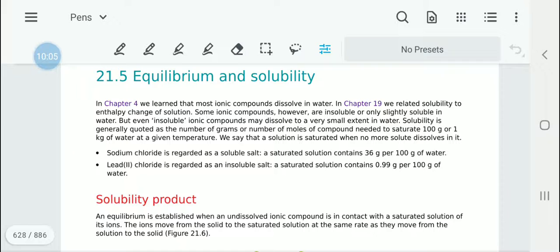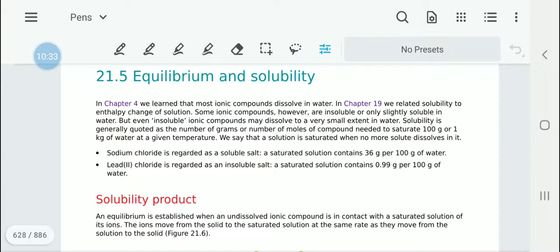Solubility is referred to as the number of grams or number of moles of a compound needed to saturate a unit amount of water. Example, sodium chloride is a soluble salt.